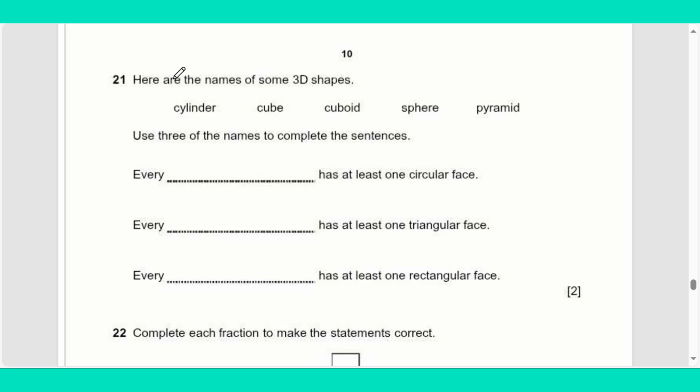Okay guys, 21. Here are the names of 3D shapes: cylinder, cube, cuboid, sphere, pyramid. Use 3 of the names to complete the sentences. Every blank has at least 1 circular face. Every blank has at least 1 triangular face. Every blank has at least 1 rectangular face.